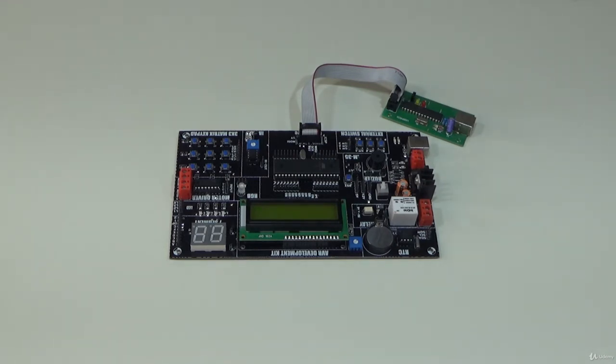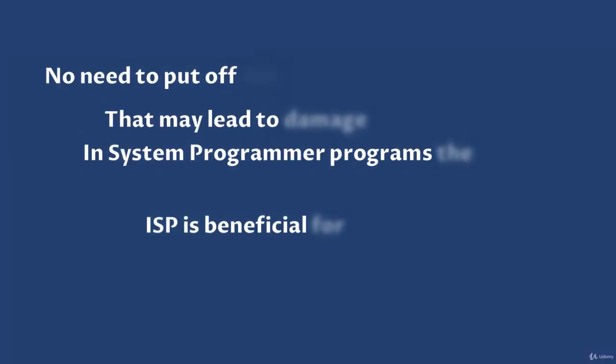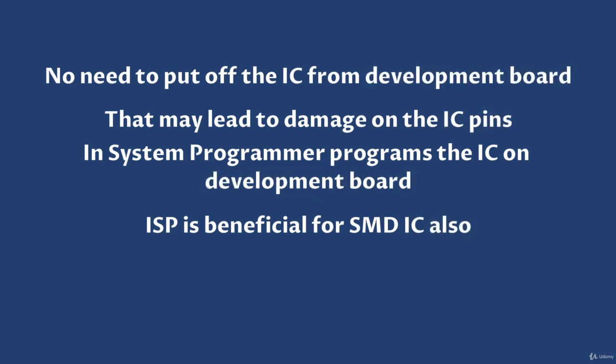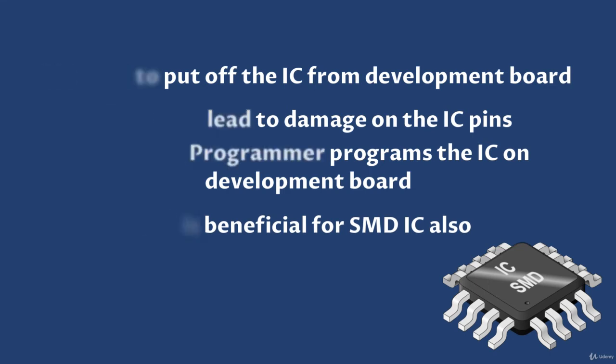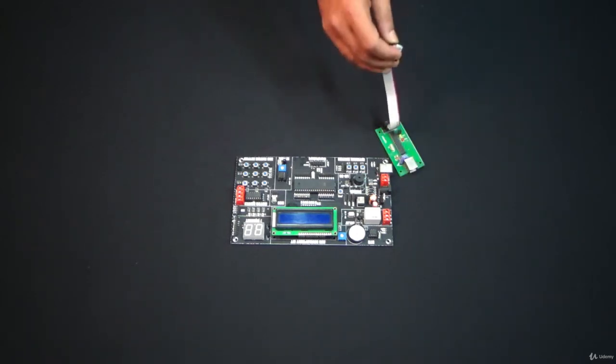Then evolution happened and we got an external programmer that is known as in-system programming, ISP. That hardware is still available. Through ISP, the process of putting the microcontroller on top of the external programmer and putting it back to the development board was removed by the in-system programmer. So what is the use of an in-system programmer?